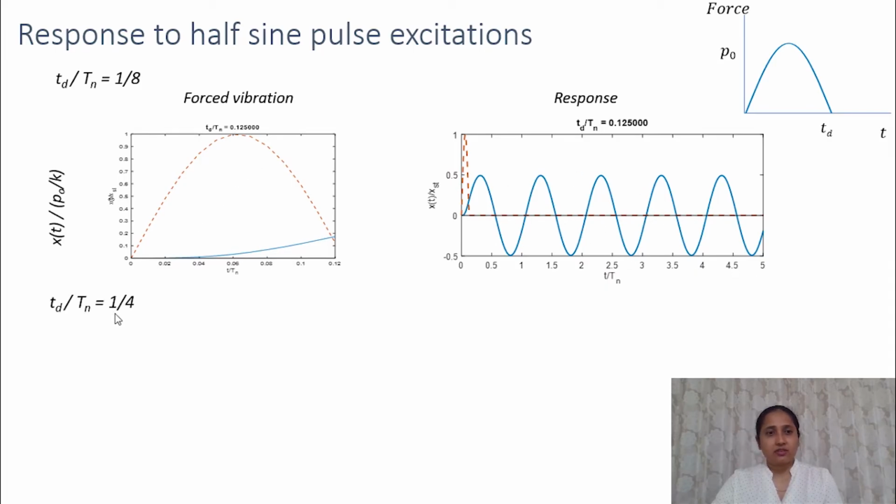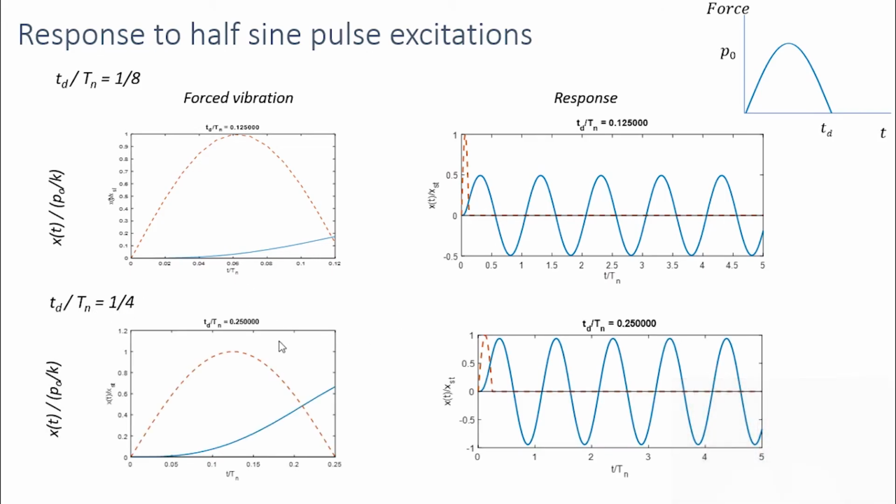Now let's see it for Td by Tn equal to 1 by 4. The similar pattern continues. As the duration of the force increases, the dynamic response also increases, and for some duration the dynamic response is more than the static response. Here also the maximum response is during the free vibration, after the pulse stops.